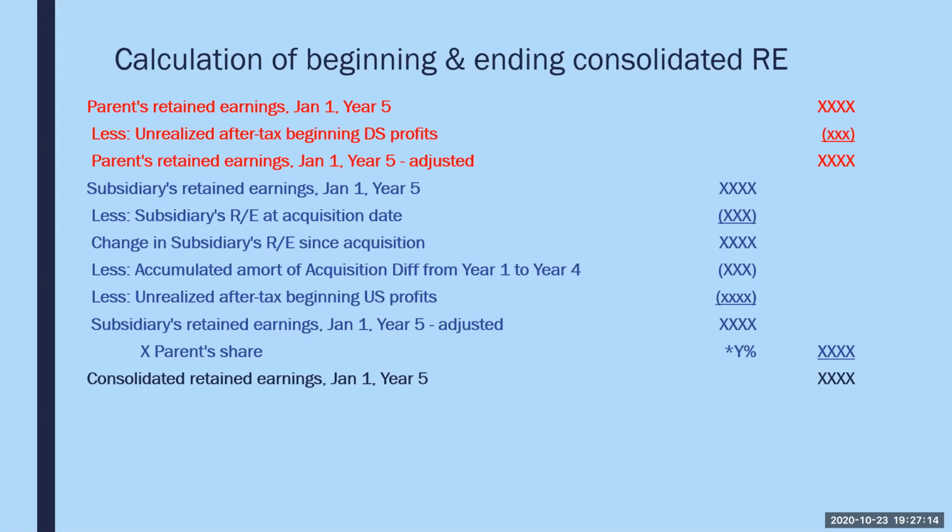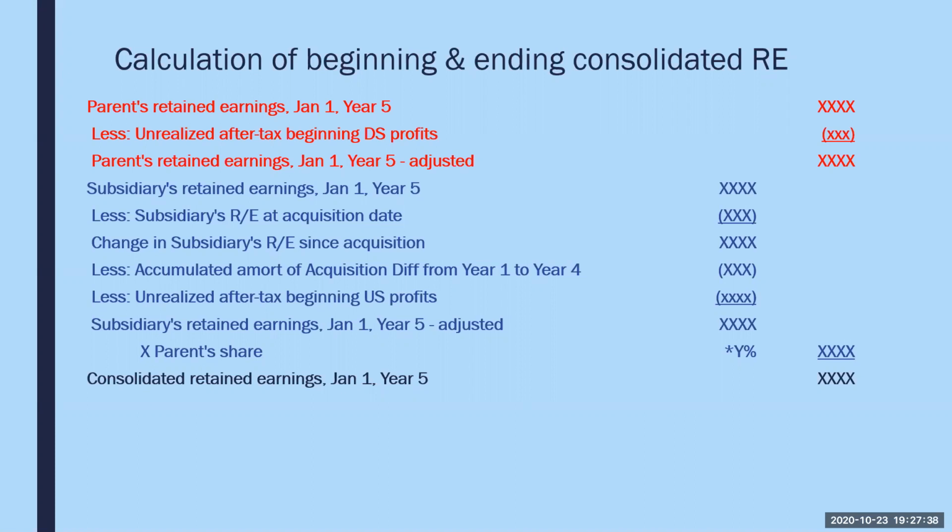Now, we can go from the beginning consolidated retained earnings balance to the ending consolidated retained earnings balance. And that's a calculation that you learned first in your introductory accounting classes. That's basically the calculation of retained earnings. So beginning retained earnings, add net income, subtract dividends gives you the ending retained earnings.